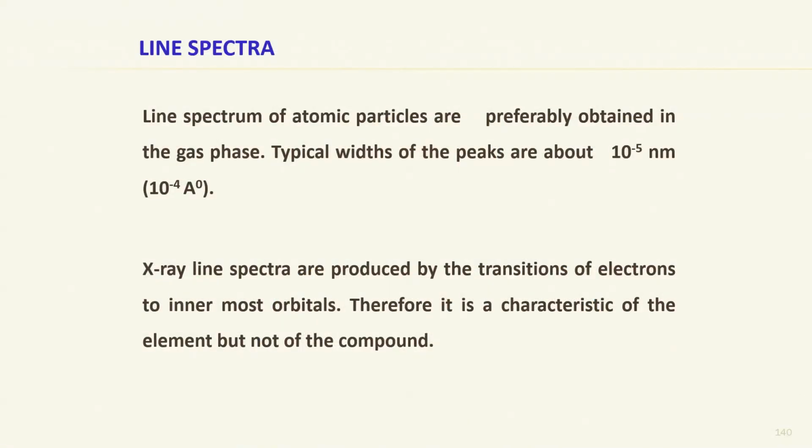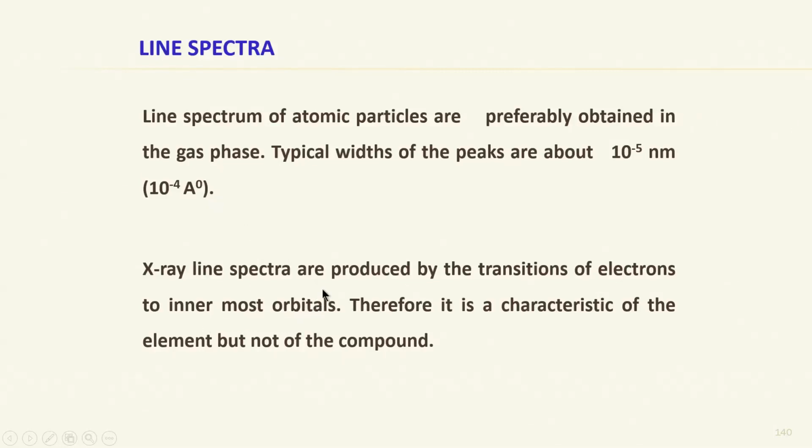Line spectra of atomic particles are preferably obtained in the gas phase, because the matrix effects are very small in the gas phase. Typical widths of the peaks are of the order of about 10 raised to minus 5 nanometer or 10 raised to minus 4 angstrom units.